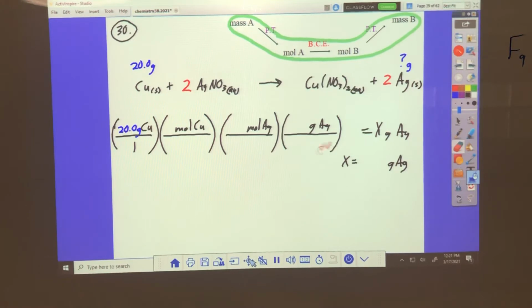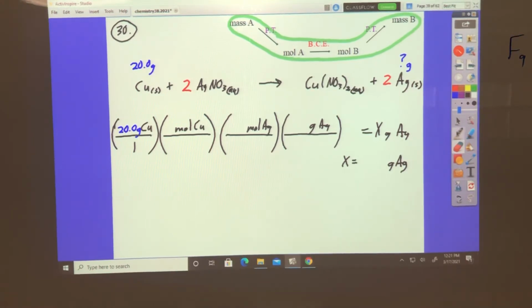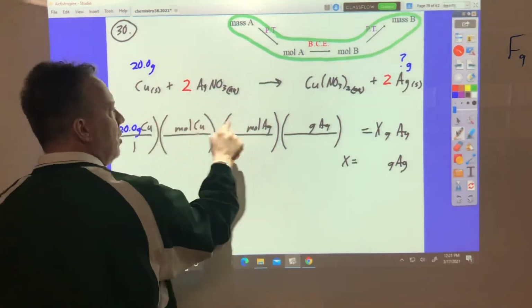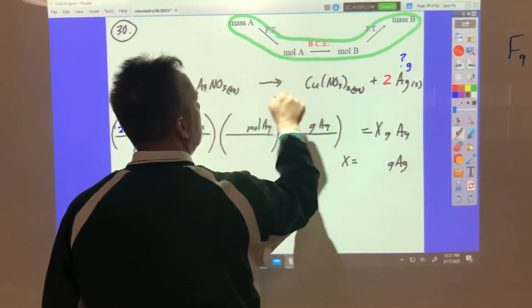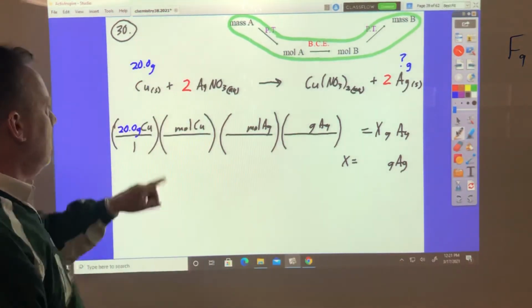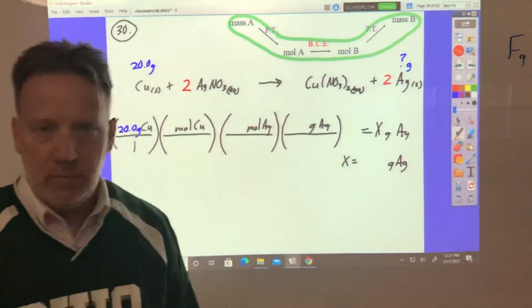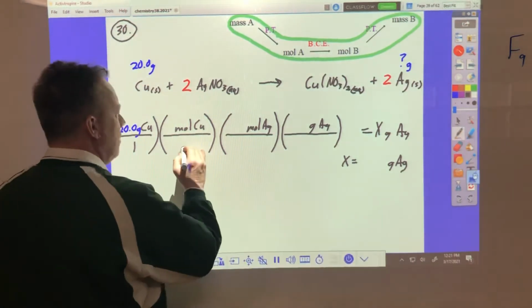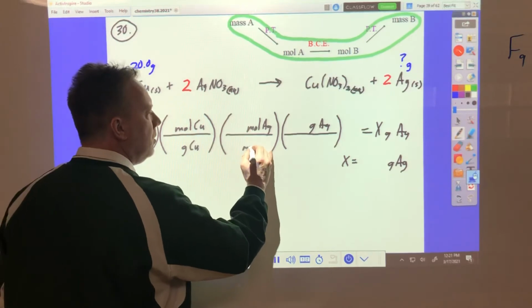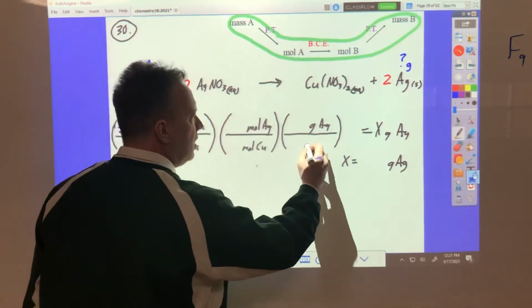Just trying to make this a little neater. Okay. So mass to moles to moles to mass, mass to moles to moles to mass. A A, B B, A A, B B. This goes here, this goes here, this goes here. So grams Cu, moles Cu, moles Ag.